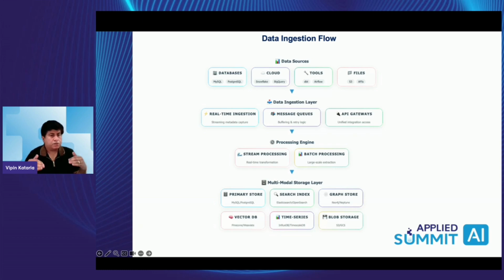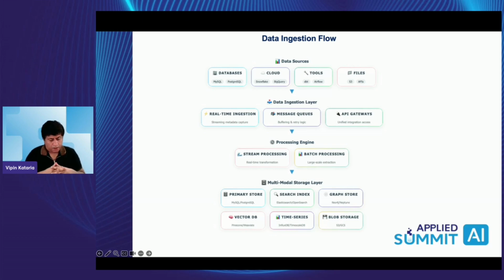Then you need storage. You will store the data in different modalities based on the use case: structured, unstructured, semi-structured, vector DB, time series, or graph storage. So this is the flow of how data is ingested from your data source, through data ingestion, to processing, to multi-model storage.